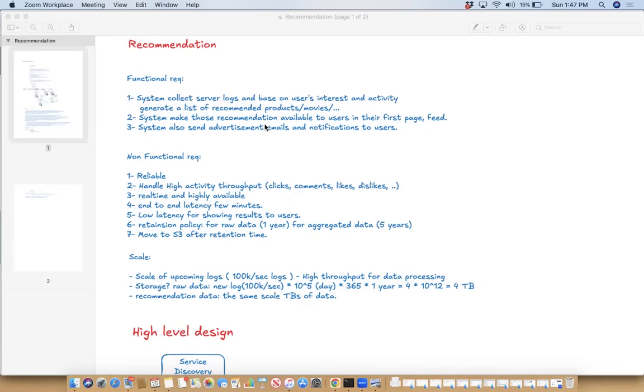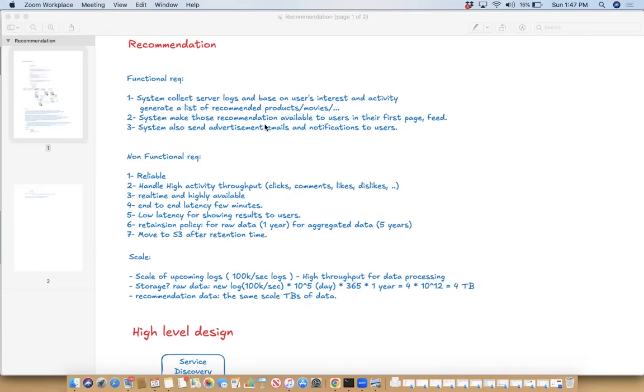Those are activities that a user can do on the internet, on some websites, on some products, or any type of products. Is it a movie? Is it a product? Then that shows their interest level on that product or that movie.